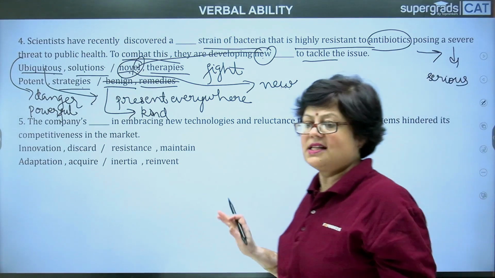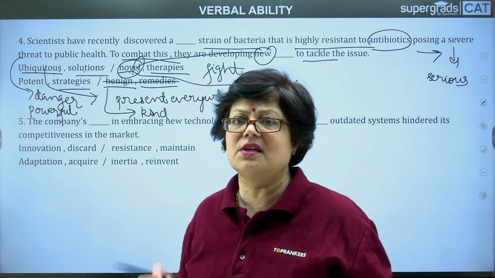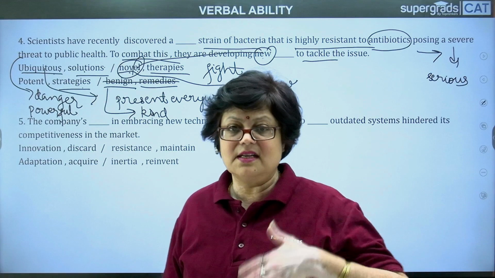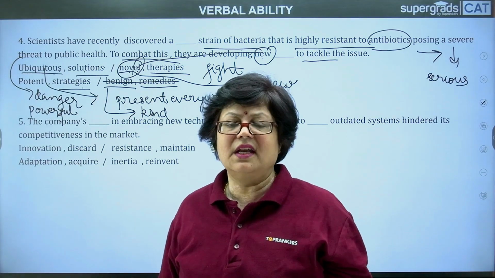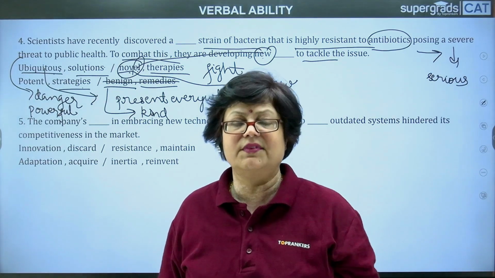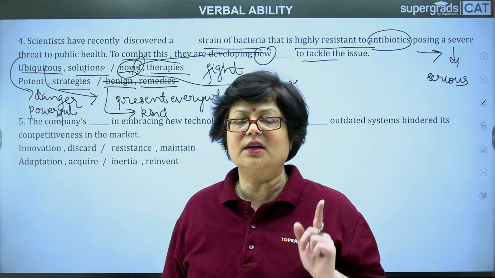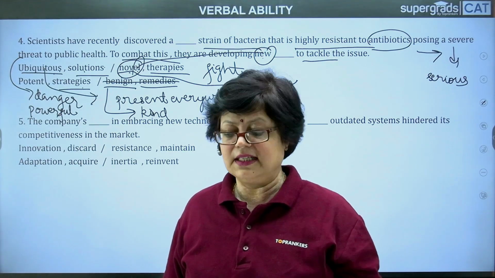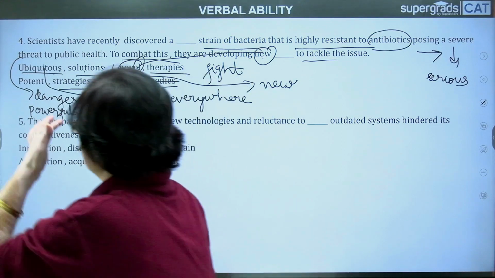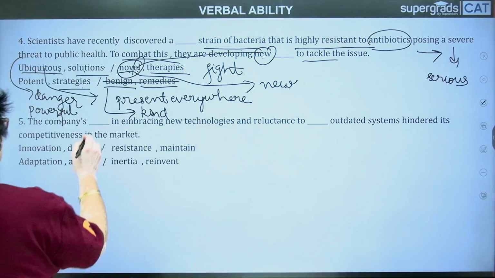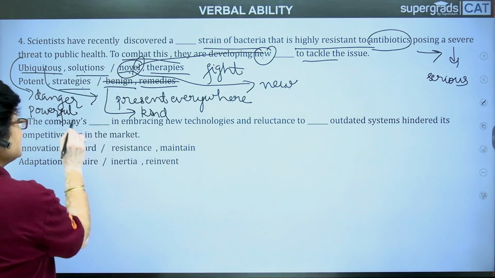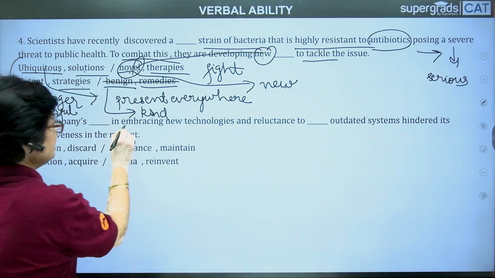First of all, let us understand the sentence, what it is trying to tell us. Instead of jumping at the options given and trying to fit them in, it is always advisable to understand the context, understand what the sentence is talking about, right? So look at the sentence. The company's dash in embracing means some quality of the company is being talked about.